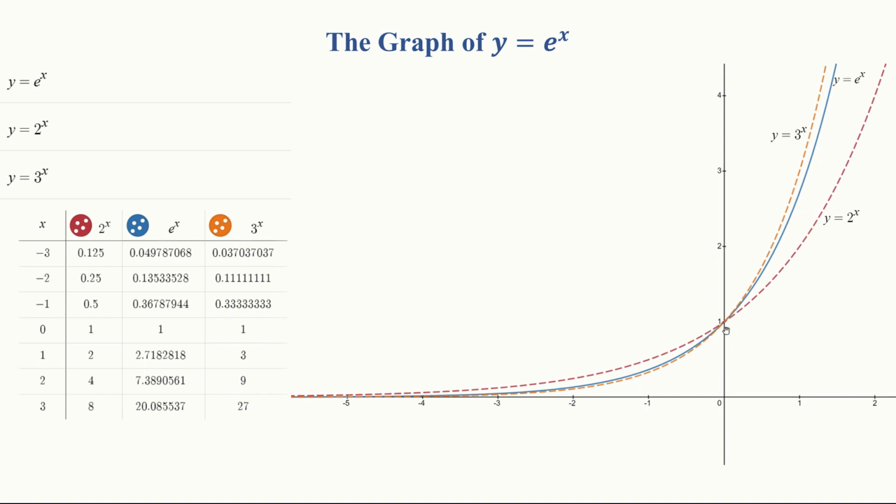They all go through this point (0, 1), because of course it doesn't matter if you're looking at 2 to the 0, e to the 0, or 3 to the 0. They're all going to be 1. So they all go through the point (0, 1). And as close as 2 to the x and 3 to the x are to this graph, they didn't make the cut.